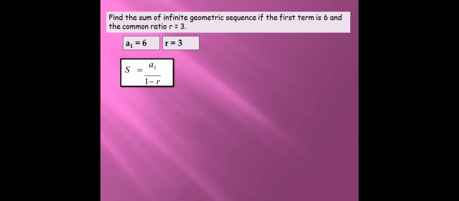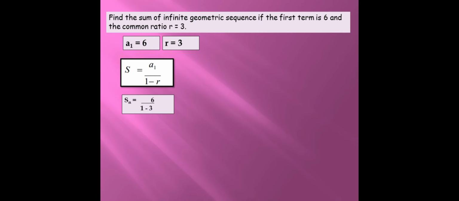Since this is infinite, gamitan natin ng formula B, yung sa infinite sequence natin. Okay, so we have that S is equal to A sub 1 over 1 minus r. Pwede wala na yung sub n ng S. Pwede rin andyan siya, pero wag natin lagyan ng number kasi infinite.